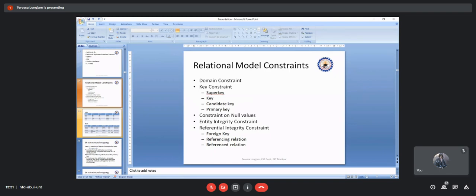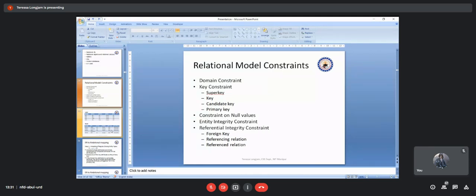What is this domain constraint? It is used to specify the values that can appear in a particular attribute. So by using the domain constraint, we can restrict the values that can appear for a particular attribute. We are just defining the data type of an attribute, isn't it?